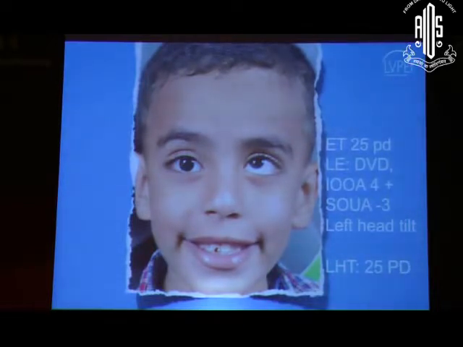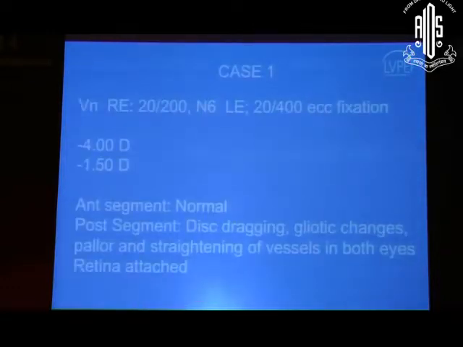Okay, just let's go back to your slide 2. This one. Now if you look at that, his refractive error is -4 in the right eye, -1.5 in the left eye. Normally with this asymmetric refractive error, you would more likely see a DVD in the eye with higher refractive error than in the eye with lower refractive error.